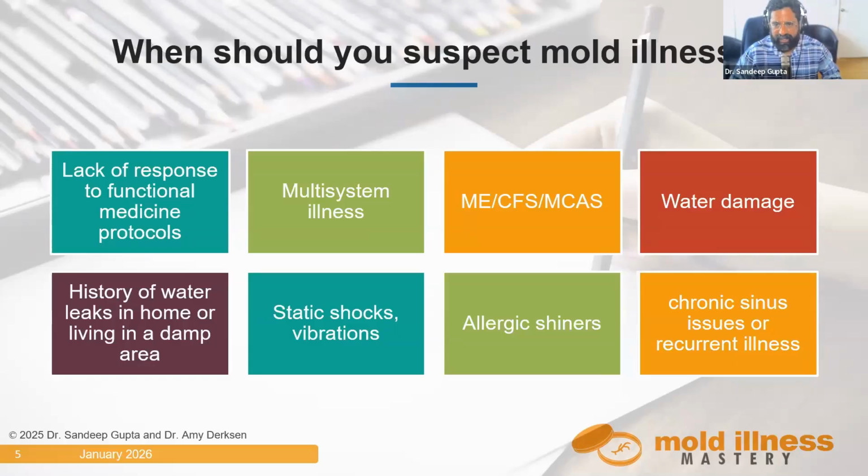But generally speaking, if you're still a generalist and you're not necessarily advertising or well known for mold illness, these are some pointers. Number one, I think a really good one, is lack of response to functional medicine protocols.